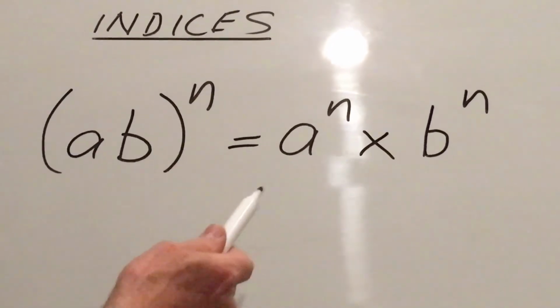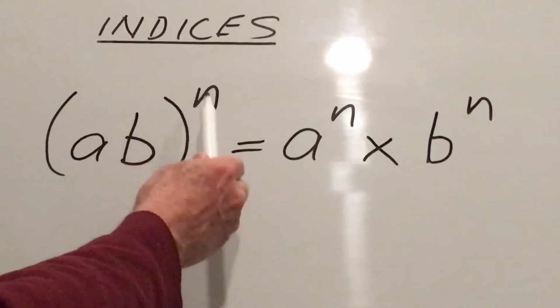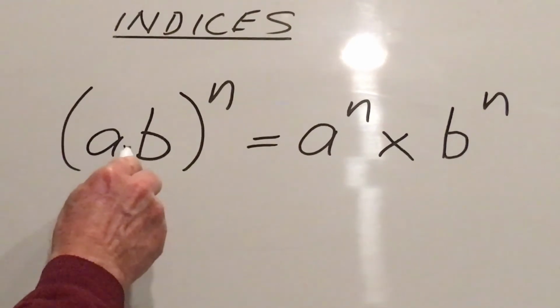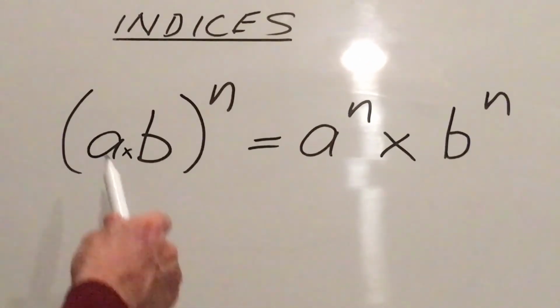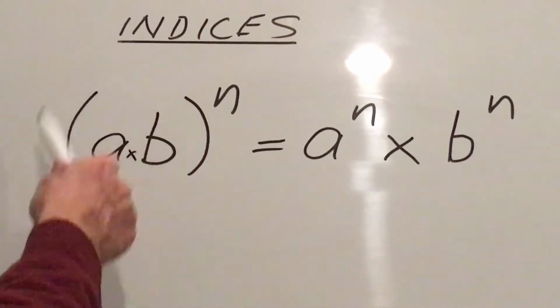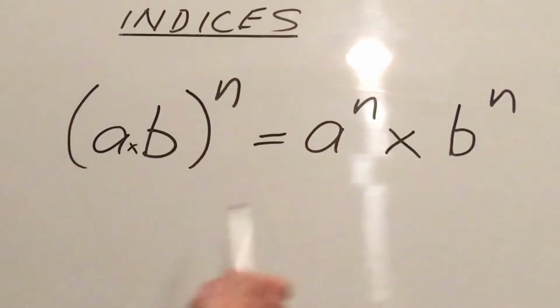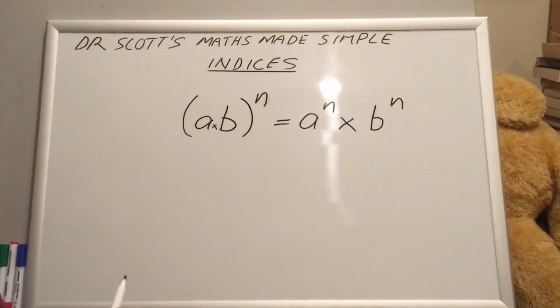It's quite a different thing, and some of these you've just got to remember. So it's A to the n times B to the n. Don't forget there's a little times sign here. AB means A times B. So AB in brackets to the nth power equals A to the n times B to the n. I'm sure Sophia would agree with us there. Yes. Good.